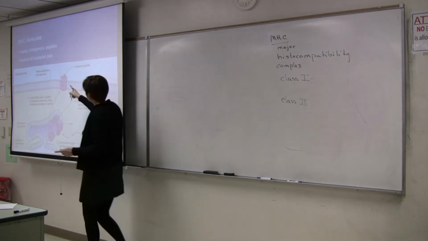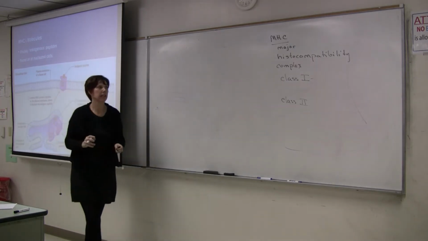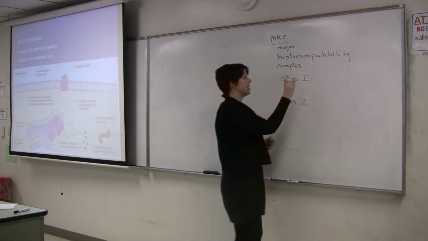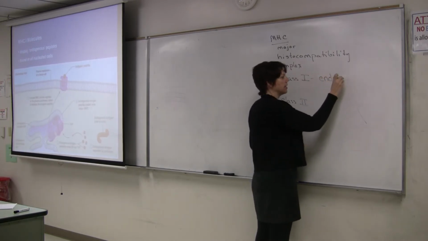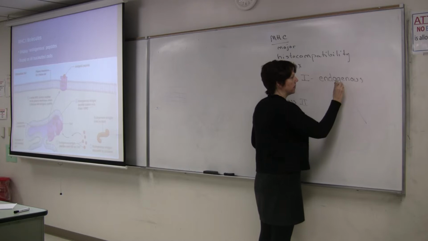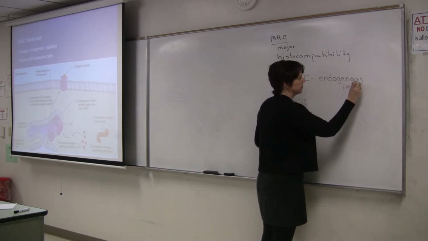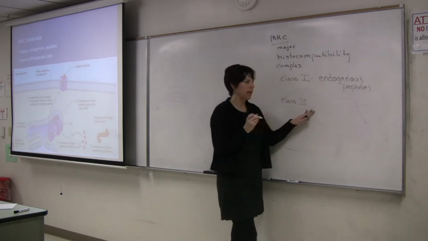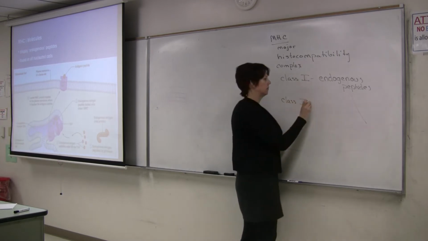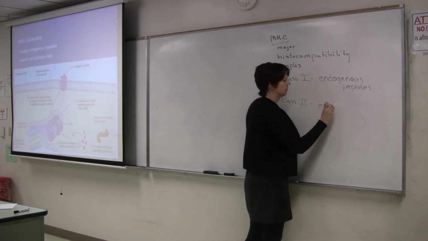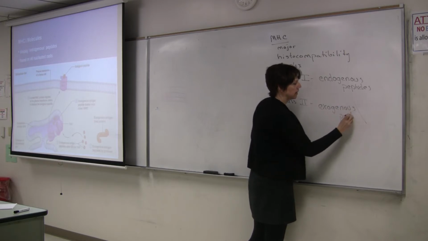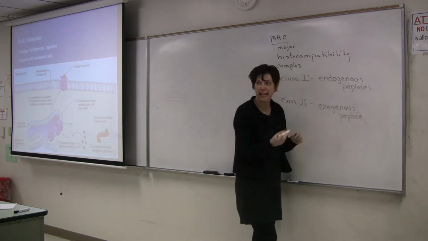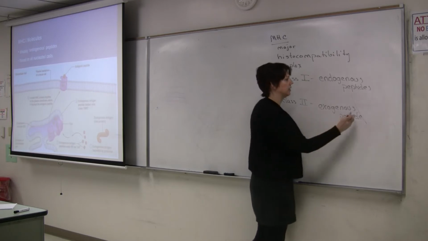Notice how this molecule is holding an antigen. Class 1 presents molecules known as endogenous peptides. They're usually peptides anyway. Class 2 presents exogenous. This is kind of like intrinsic and extrinsic, within and without.